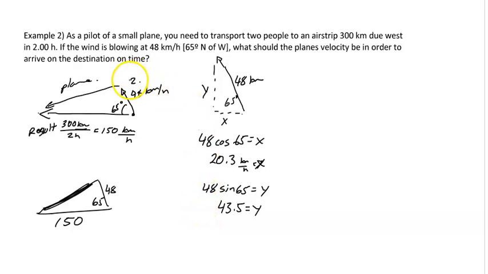So now we move to the plane. The plane is moving down like this, but we know because this result is moving completely west, that this y component has to be the y component of the plane. So this is 43.5.